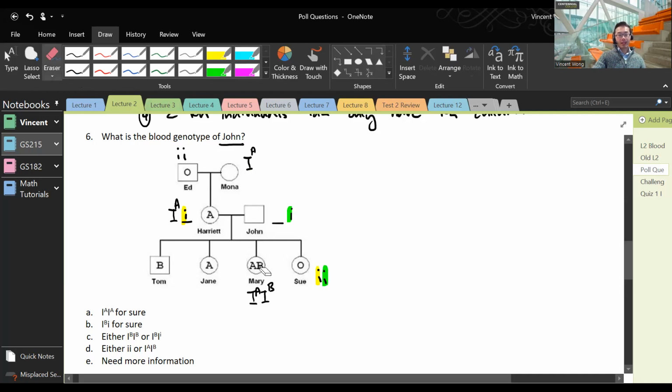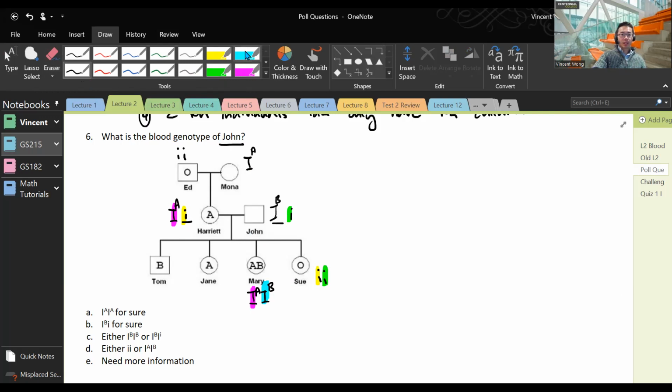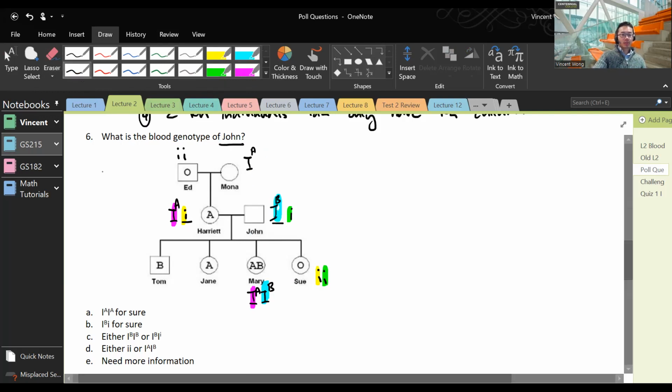Let's take a look at Mary. Mary has IA, so IA came from her mother, which means the IB must have come from John. So what is John's blood type? IB little i for sure.